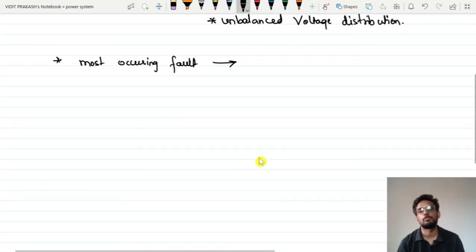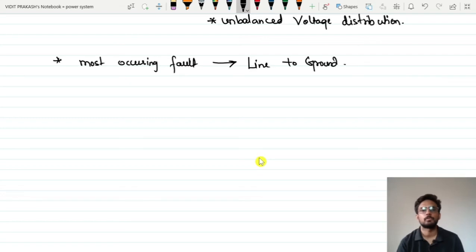And which fault occurs most of the time? That is line to ground. What are the types of fault? We have already seen this.